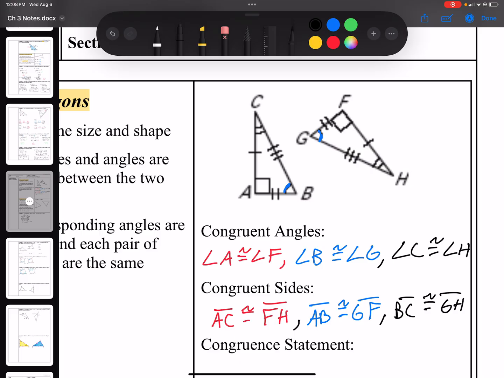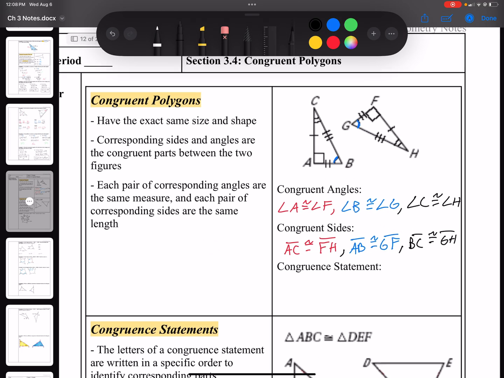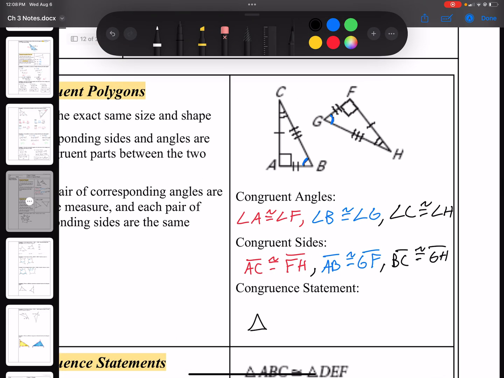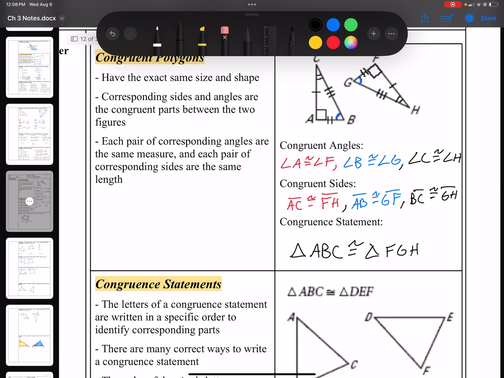Now let's talk about a congruent statement. I'm going to say triangle ABC is congruent to triangle FGH. Now, there's a reason why I'm doing it in this order. You might think, oh, I just did it alphabetical, but not really.